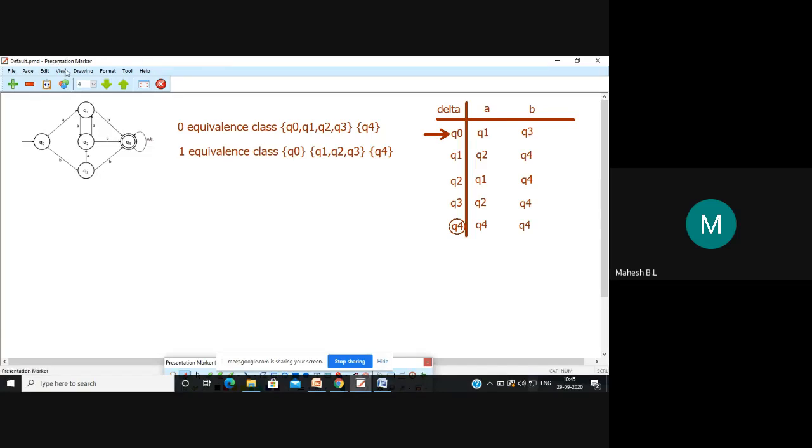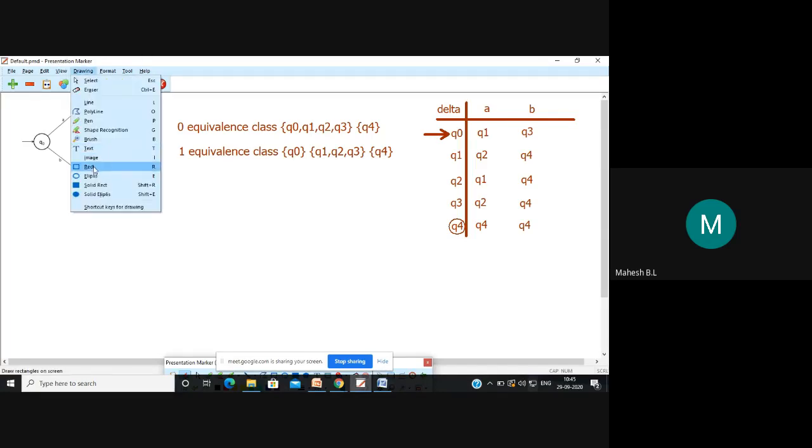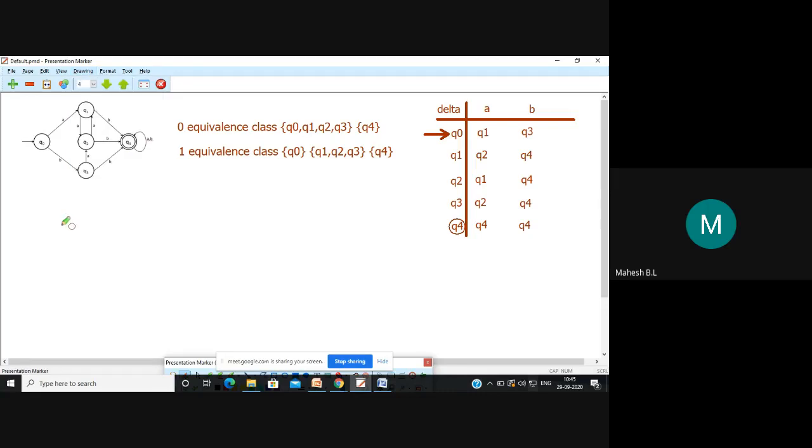Okay, now we can draw the DFSM. There is one initial state, which is Q naught. Then we have Q1, Q2, Q3 together, then we have Q4, which is the accepting state.